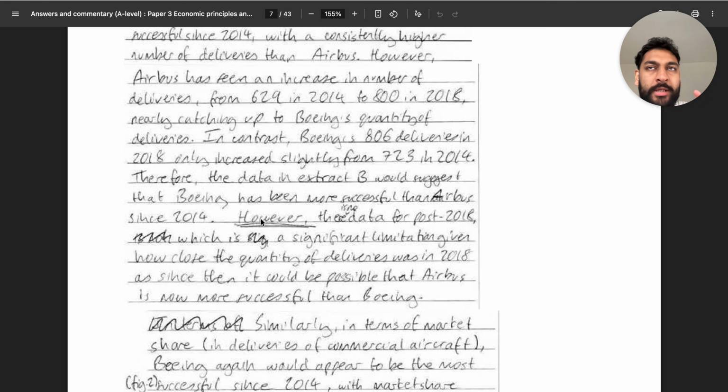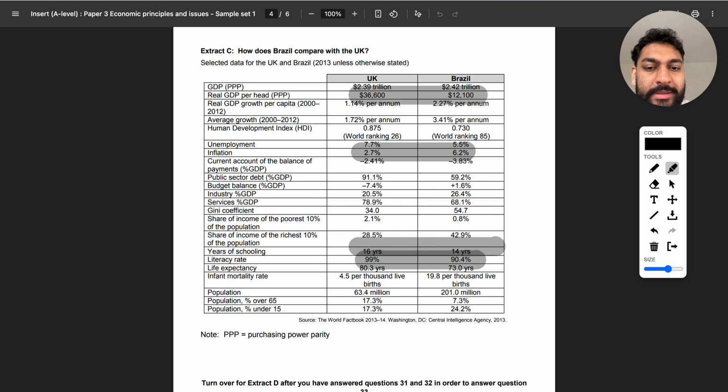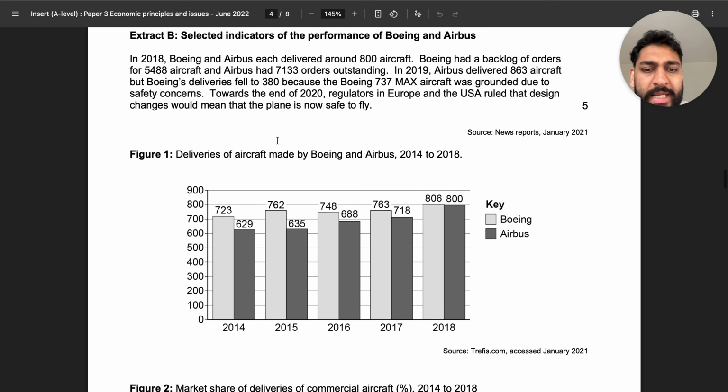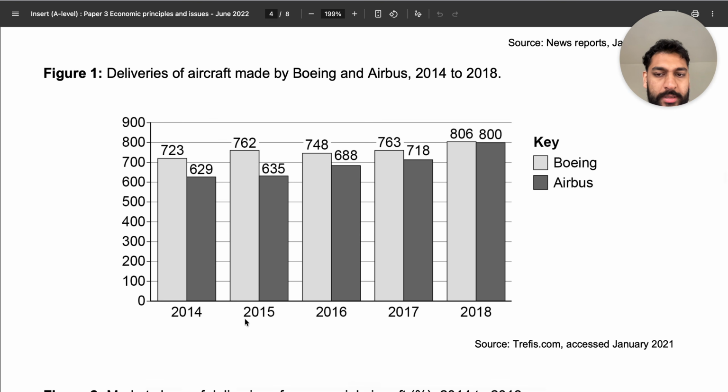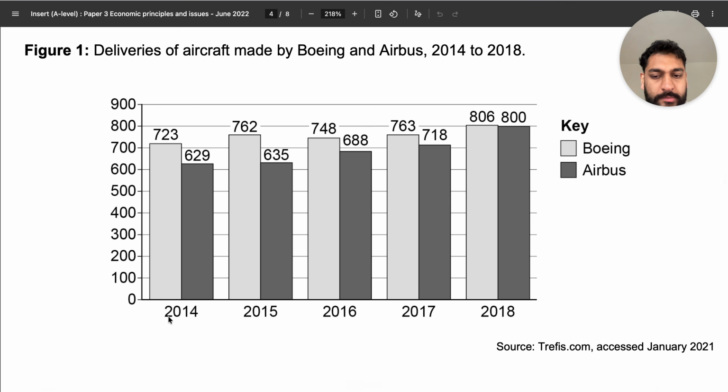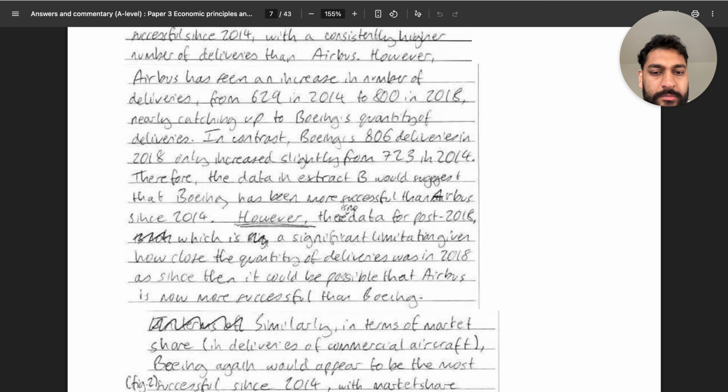So now it's our however, but remember what we're doing here is we're saying why the data is limited, okay? So the data here is limited because it only shows data for 5 years. There is no data for post 2018, which is a significant limitation.